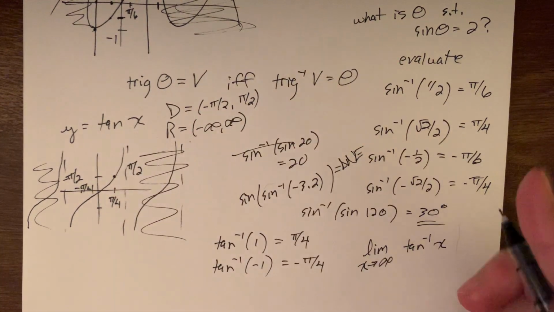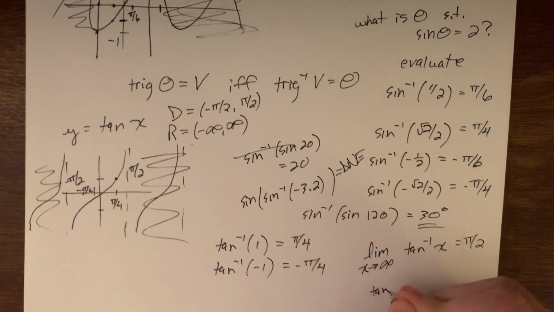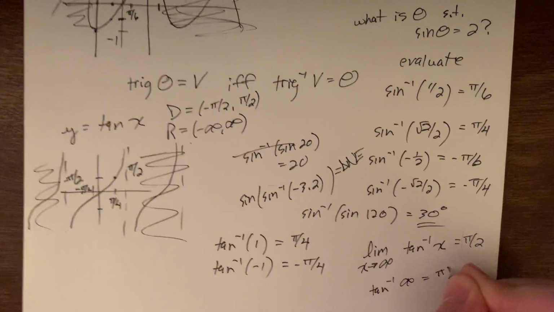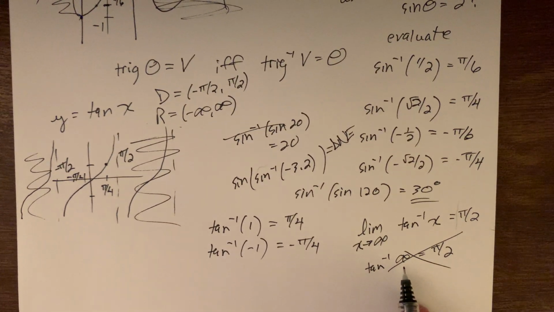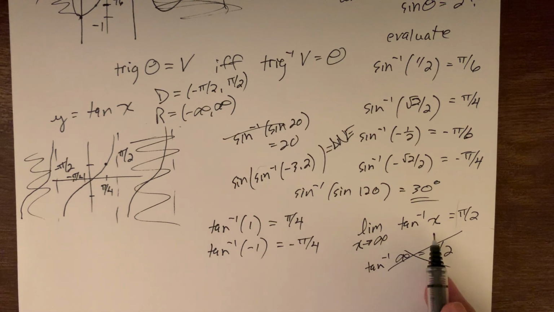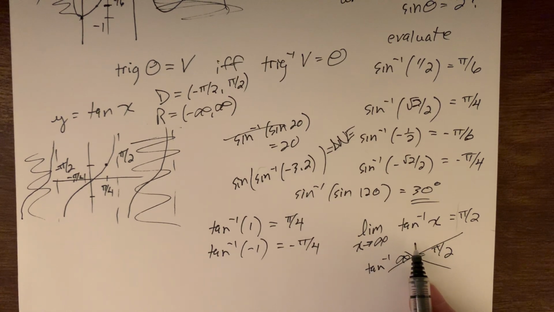And that's right here. So this would equal pi over 2. So I can't say inverse tan of infinity equals pi over 2. That's nonsense, right? We can't plug infinity in as a number, but as a limit value, that does make sense. Okay, so that's really the only limit we're going to bring up here.